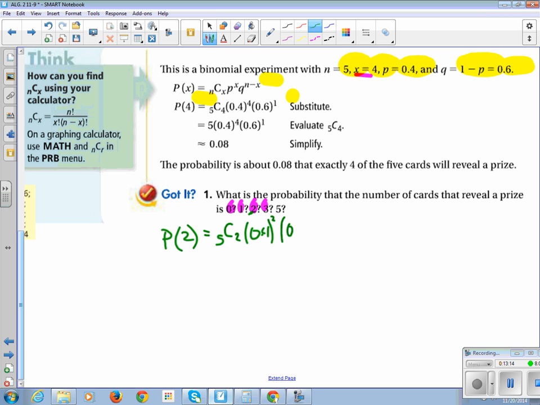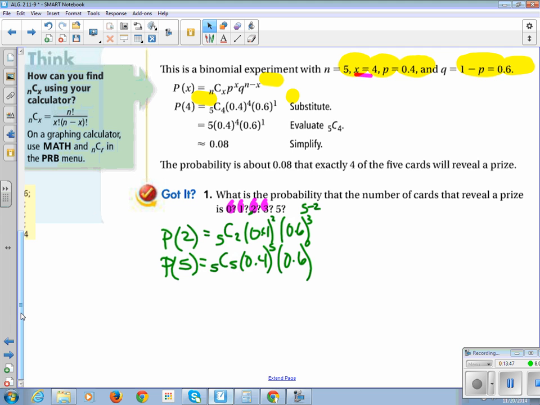And it's still a 60% chance of not winning, but instead of 1, it's going to be 5 minus 2, or 3. Let's do probability of 5. 5 minus 5 is 0.